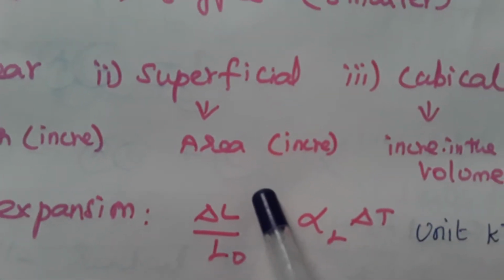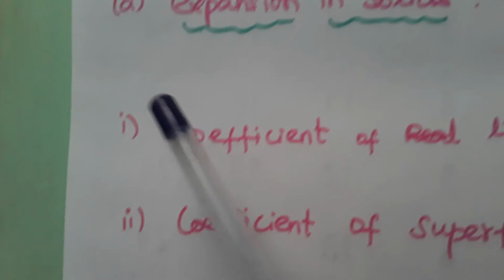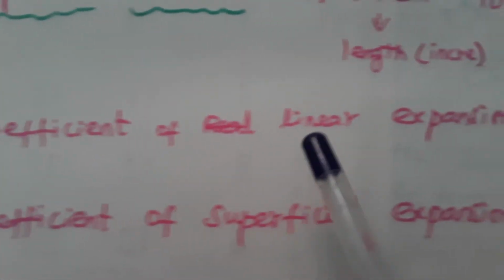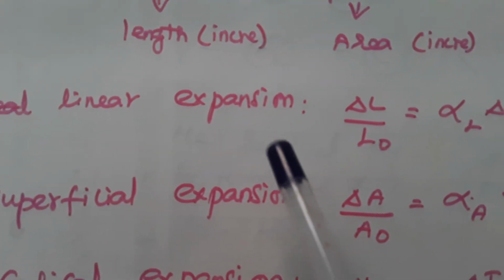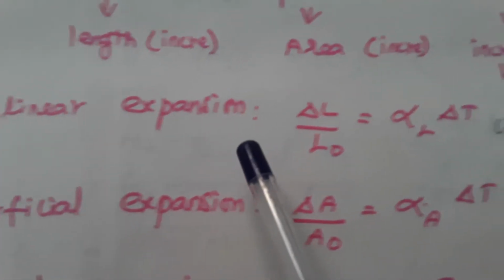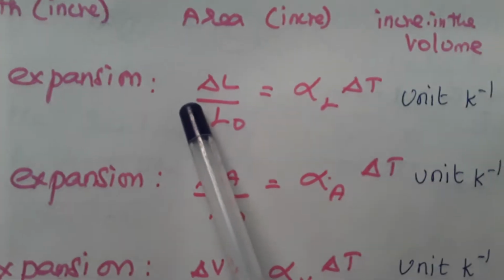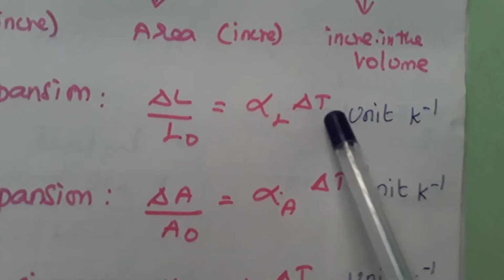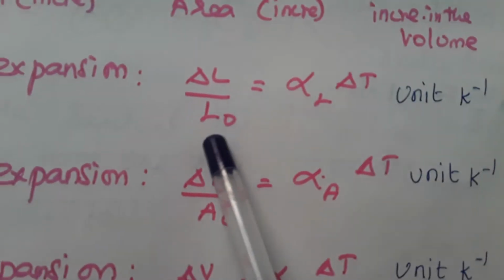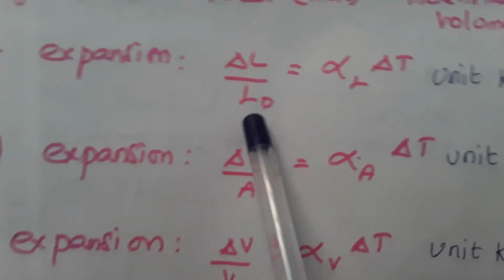Students, next we move on to the next 2 marks question, coefficient of linear expansion. It is defined as the ratio of change in length of the substance per degree rise in temperature to its unit length.